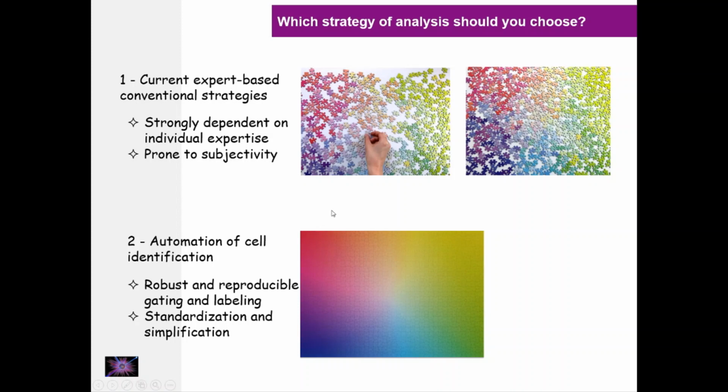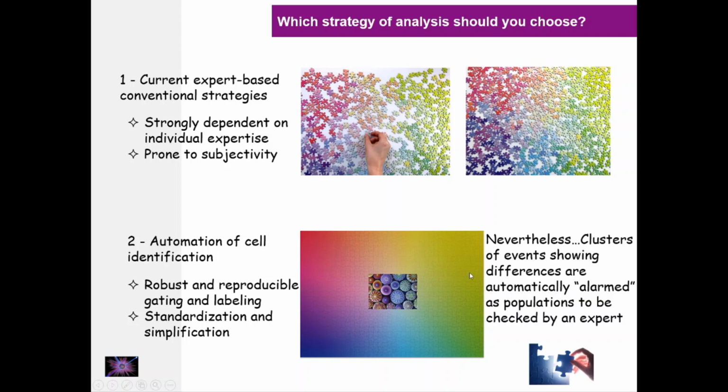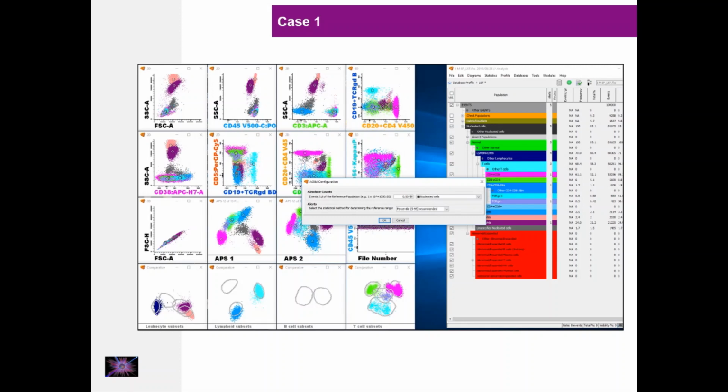But you should not be afraid that your input is not needed, because whenever there are clusters of events that show differences, they are automatically alarmed as populations to be checked by you, by an expert. So let's now move on to the cases.